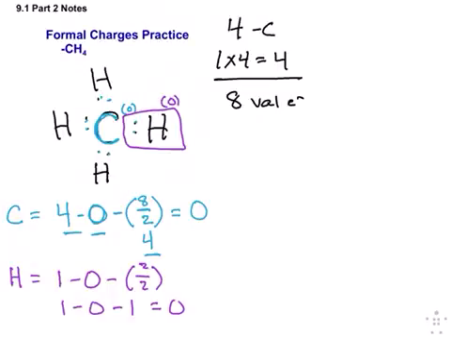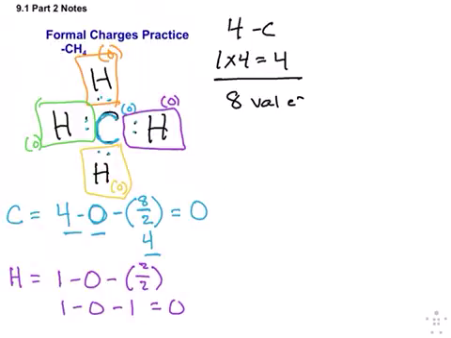We can go through and figure out the formal charges on all of these hydrogens, but they all have the same bonding situation as that purple one, correct? So we can make the assumption that they're all going to have the same formal charge as that first hydrogen.